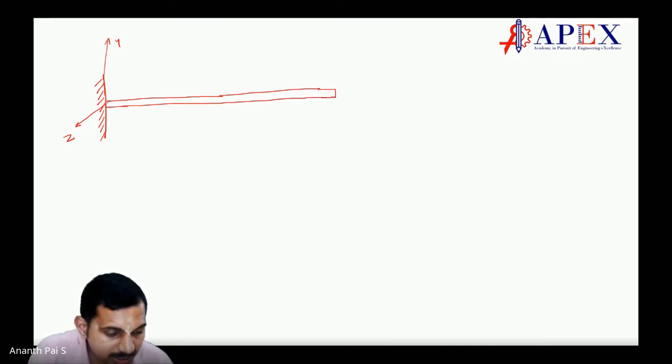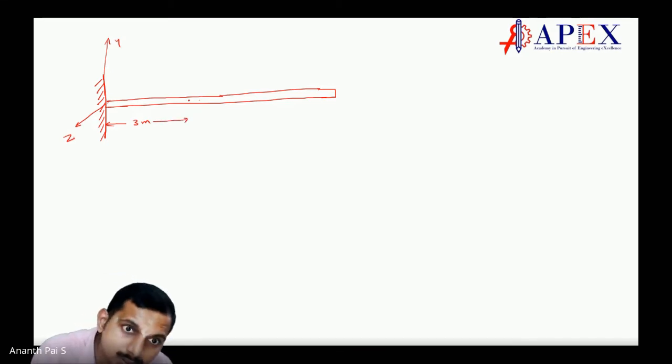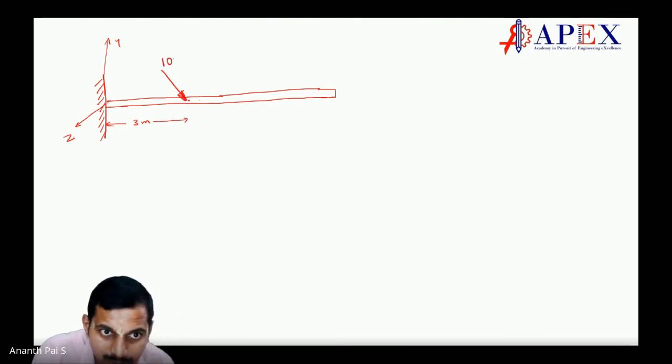On this fixed cantilever beam, there is one force acting at a distance of 3 meters. It has a force whose magnitude is 1000 Newton, acting at an angle of 45 degree.